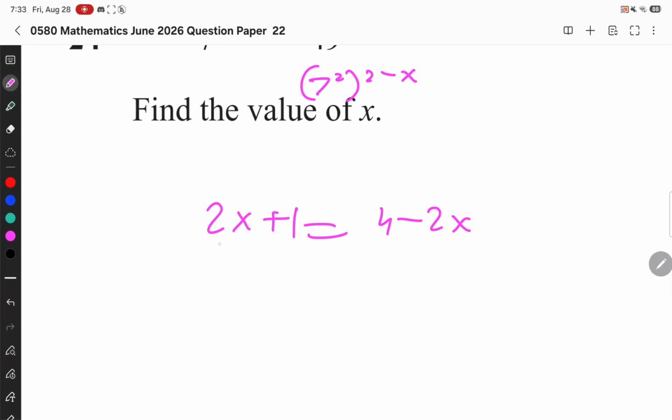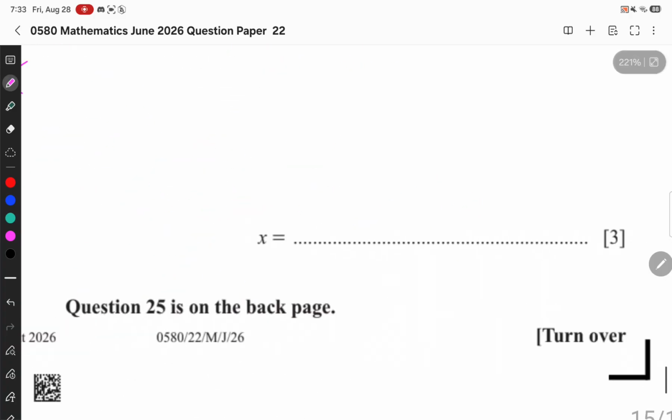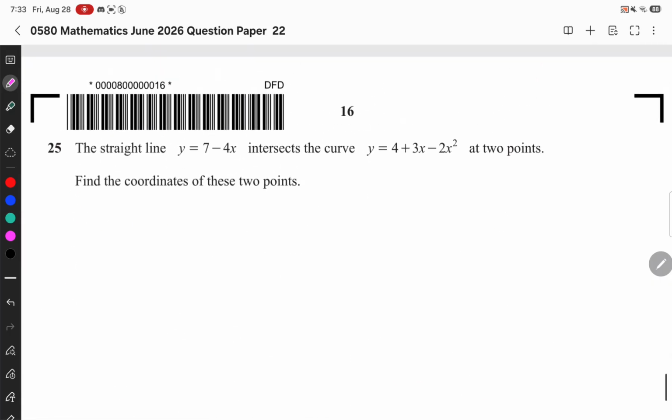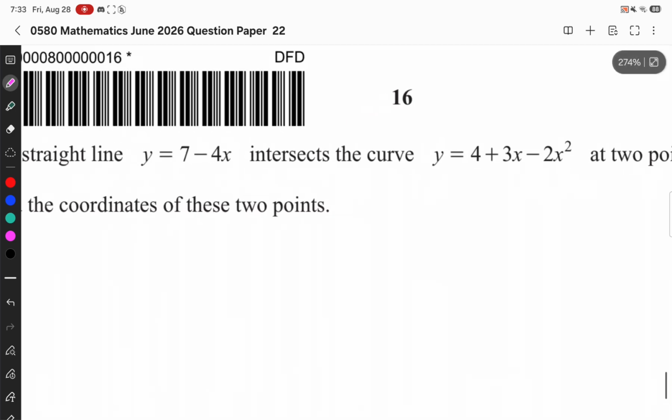Add 2x on both sides, and minus 1 minus 1. We get 4x is equal to 3, and x is equal to 3 over 4. Nice. Find the coordinates of these 2 points. Let's go.